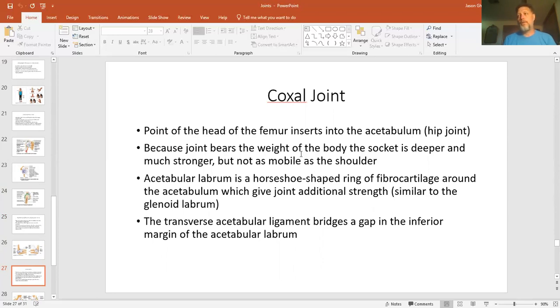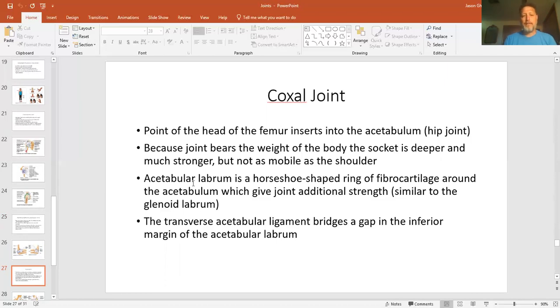And if you hear of somebody falling and breaking the hip, that's usually what it is. They're breaking the head of the femur off and not actually breaking the hip bone. All right. And if you remember looking at the pictures of the hip, it is a much deeper socket, which makes it a much stronger socket, but we don't have as much movement in our hip as we do our shoulder. So we sacrifice movement for strength, or strength for movement.